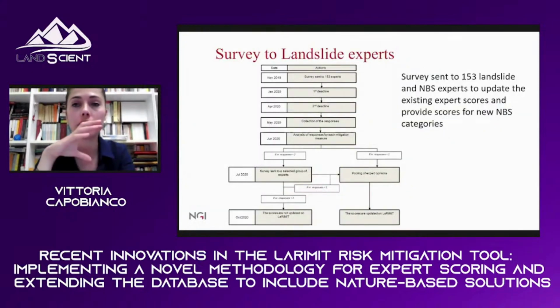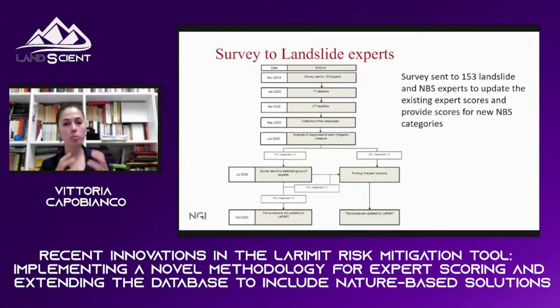And after we reorganized the database of mitigation measures by introducing these nature-based solutions, we needed to update the scores of the mitigation measures. First of all, because the scores of the existing conventional measures were only based on the opinion of a very few experts in landslide management. So they were not robust enough to be used properly.